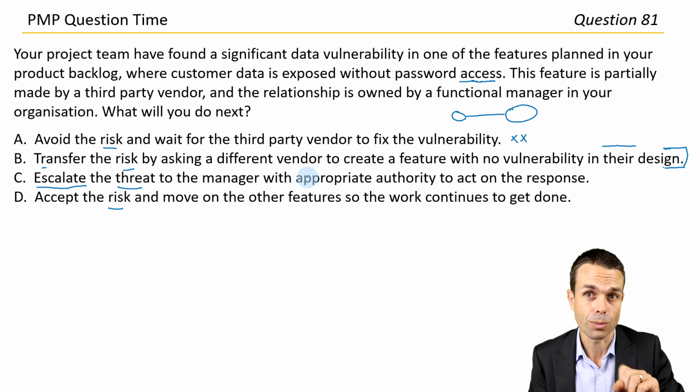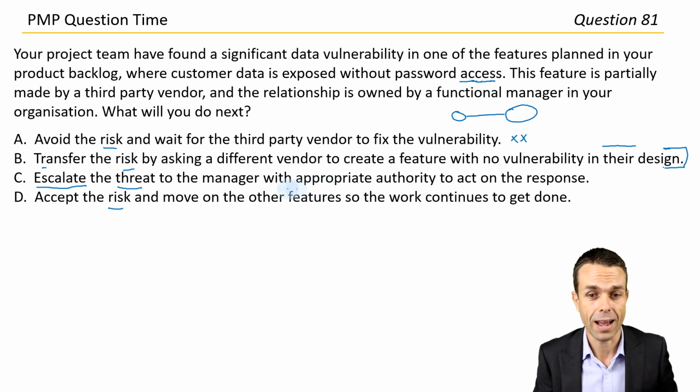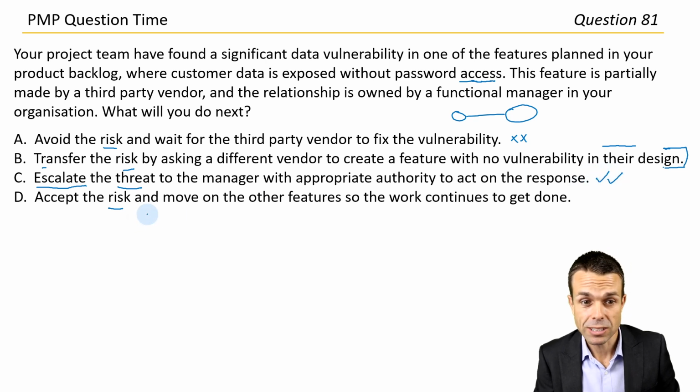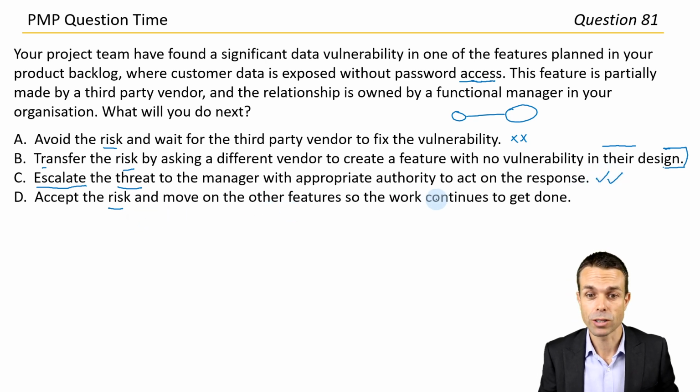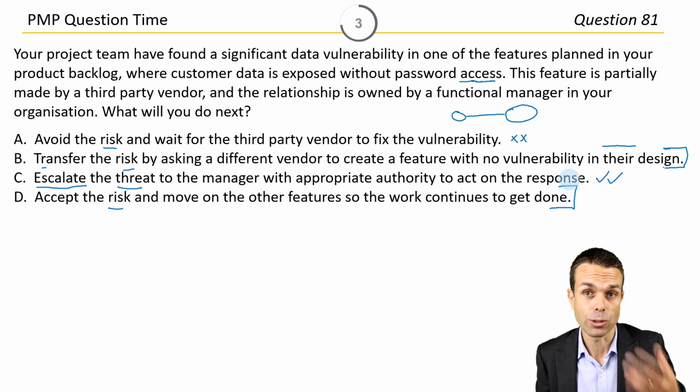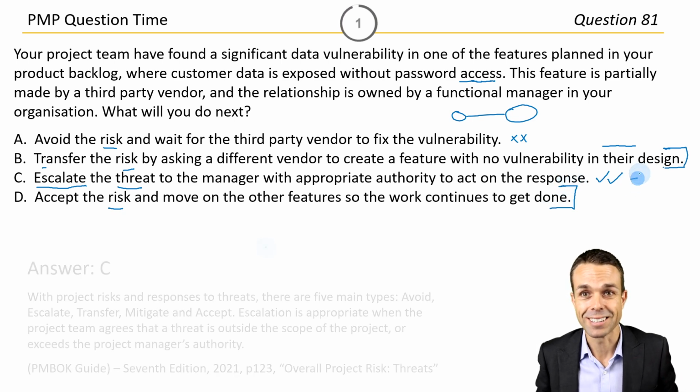So we actually need to go to the people who have that authority and have that information, who can actually do something about it. I think that's probably a good one. Accept the risk and move on to other features so the work continues to get done. If it's that severe of a risk, I think we shouldn't just accept it. I think we should still raise it and try and do something about it. So let's go with answer C.